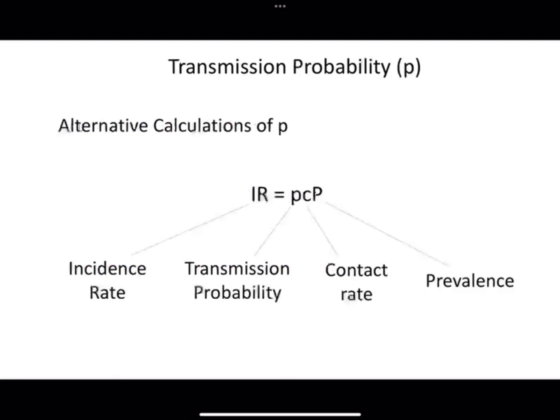So this is a much more resistant equation, more resistant to some of those assumptions I just talked about. And this is an incidence rate calculation where incidence rate equals pCP. So the first lowercase p is transmission probability as we've been using it. C is contact rate, like we've been saying, and P is the prevalence at the time, like prevalence of the illness.